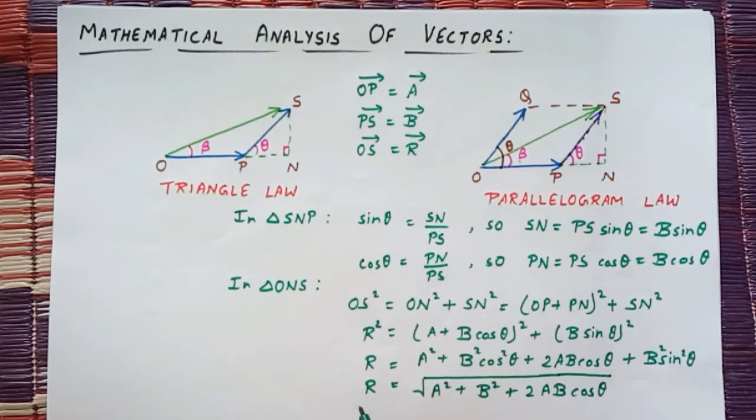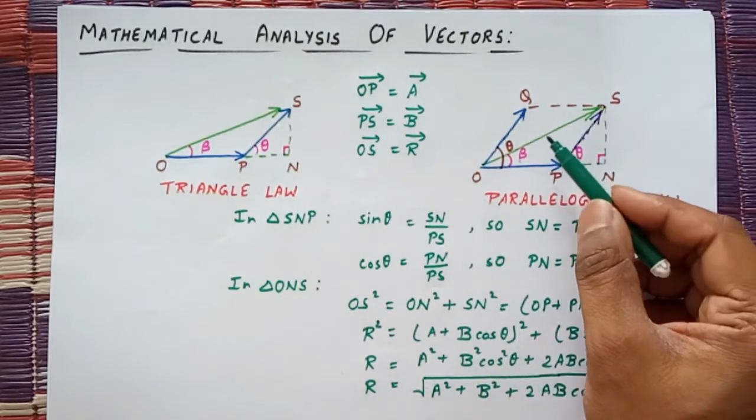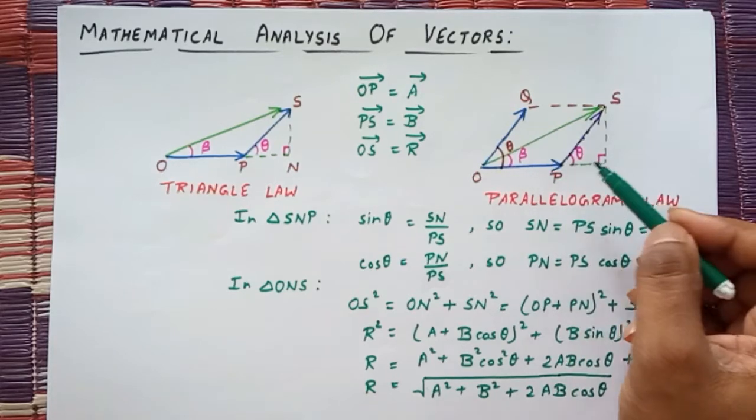So this one will be the resultant of two vectors, OP vector and OQ vector.